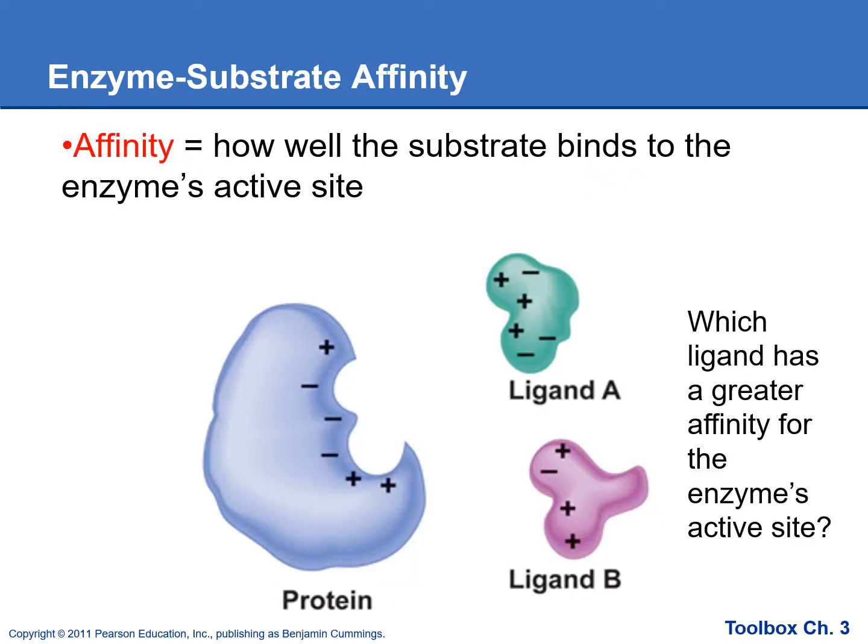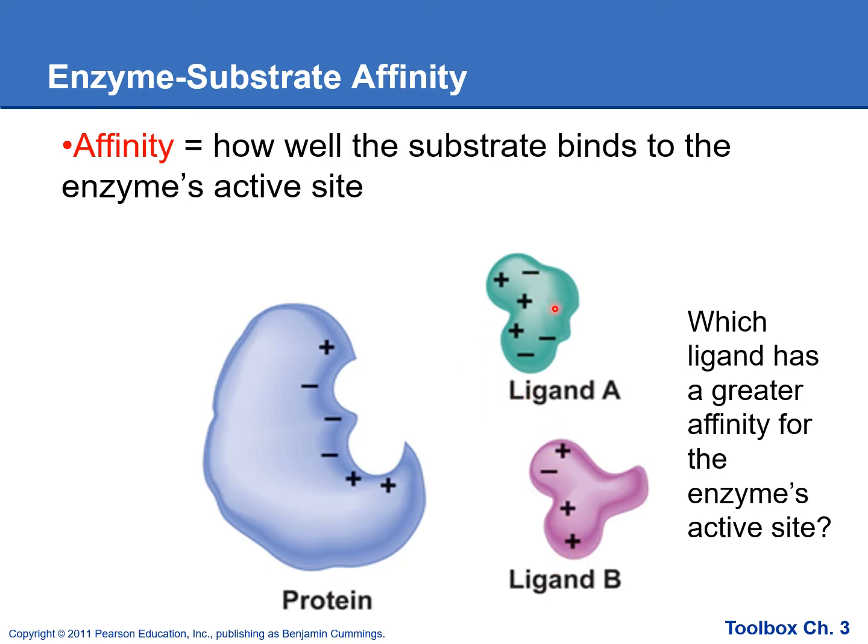Each enzyme has an affinity, or how well it binds to the substrate at its active site. So for example, we've got this particular enzyme on the left with its active site, and we've got two different substrates here. And you can notice that the one on the top, the green substrate, actually will bind better to the active site based on the charges than the purple substrate.